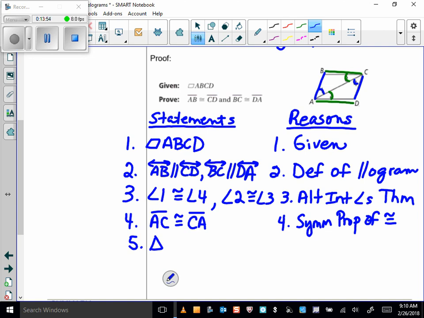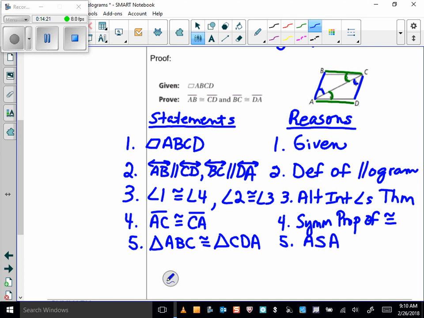So triangle ABC is congruent to triangle CDA. I'm glad I color coded it so I know that A corresponds to C. And how is it that those two triangles are congruent? Oh, by angle side angle. Two angles and the included side.